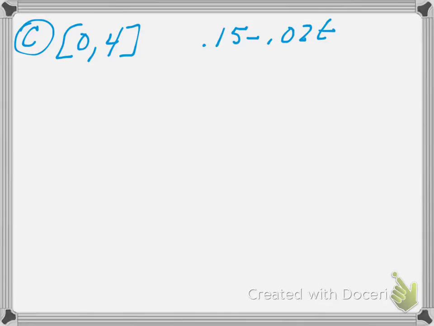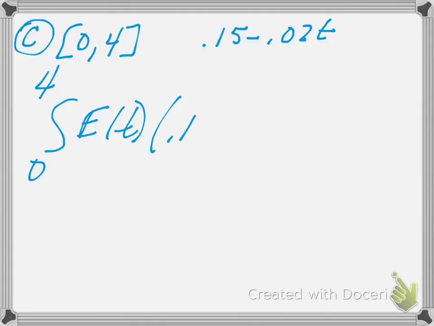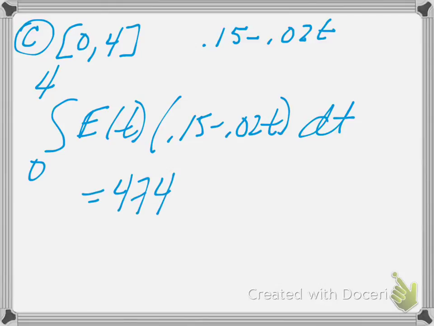So how much will it cost to treat all the sewage that enters the tank from 0 to 4? Okay, so it's just the integral from 0 to 4 of E of t, and you're going to multiply that by the cost, dt, and you're going to use your calculator, and you're going to get this number. They asked you to round this to the nearest dollar, so it would be $474.